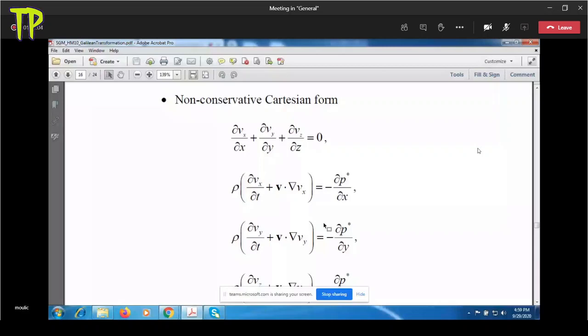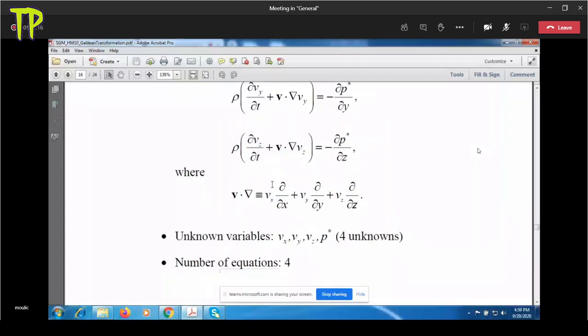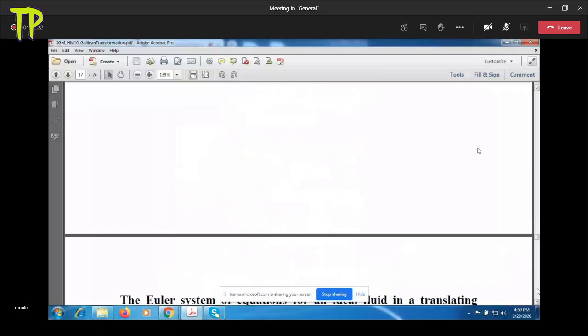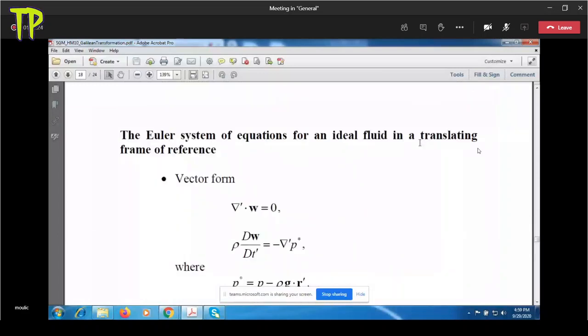Instead of y, you have y prime. And instead of z, you have z prime. And in place of vx, vy, vz, you will have wx, wy, and wz. So this is Euler's system in a translating reference frame.